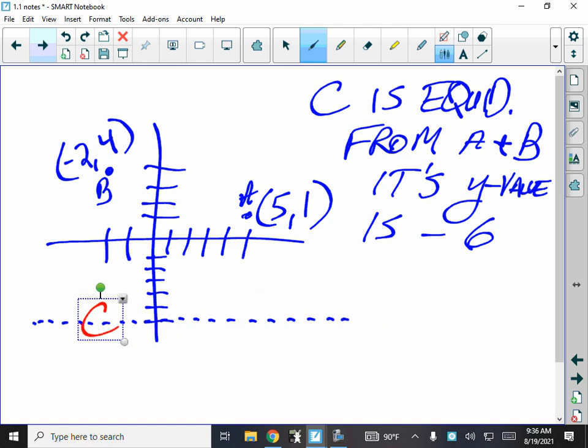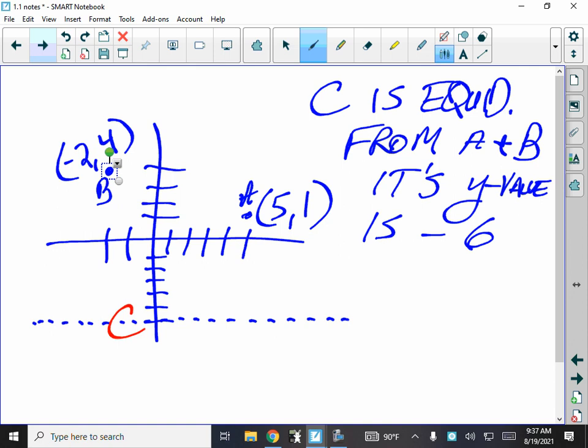But the Y value is -6. It can't move up or down. Its Y value is somewhere on this line, right? I just don't know where. But wherever I stop, when I draw a line from C to A and C to B, those puppies better be exactly the same distance. Equidistant. Do you get that?